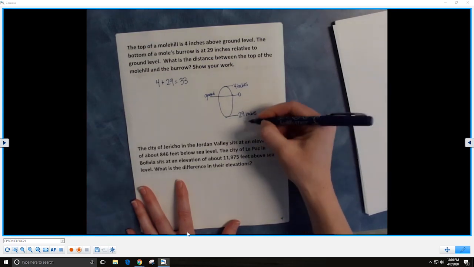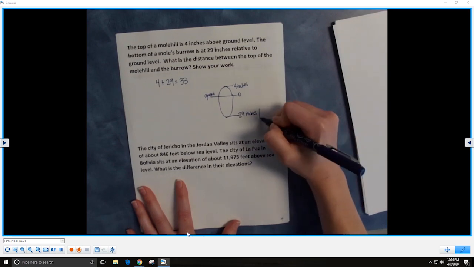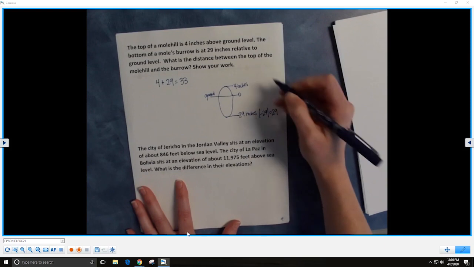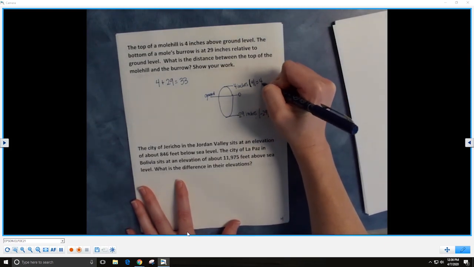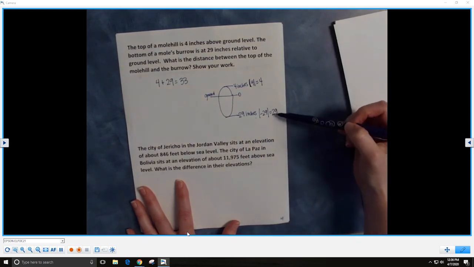Now remember that because it's below, that would be a negative 29. However, the absolute value of negative 29 is 29. And the absolute value of this positive 4 is 4. So if we add those absolute values, the 4 plus the 29, we get 33.